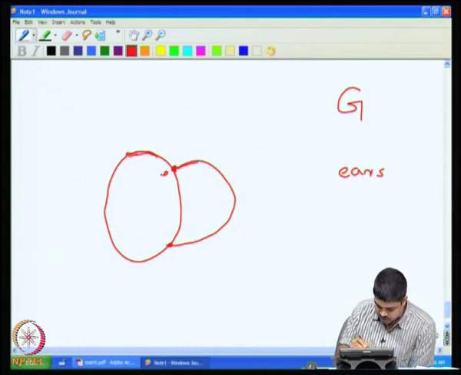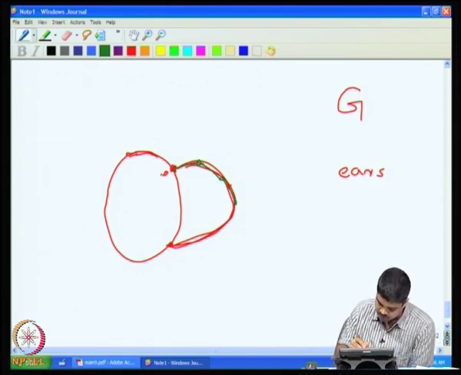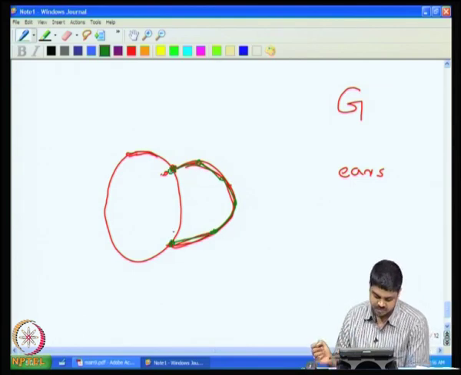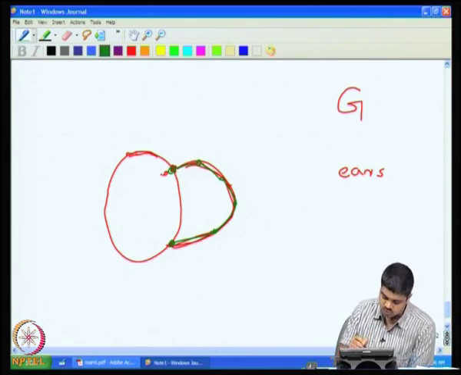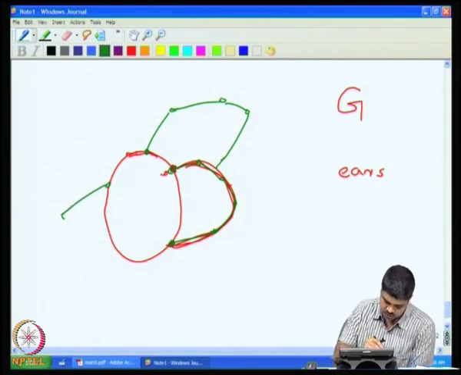So this is an ear. It can be just an edge starting at a vertex of this graph and reaching another vertex, or it can be a path such that only the last two vertices are on this graph and the rest is just a simple path. Now this is a new graph, and on top of this you can add an ear like this, maybe like this, or like this.